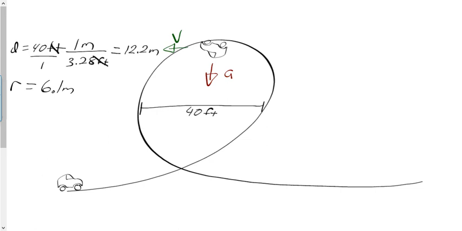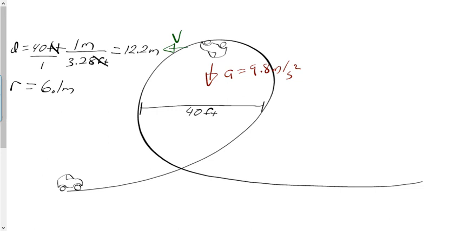Or I suppose at minimum, gravity will be the only thing acting on it. So at minimum, this acceleration is going to be 9.8 meters per second squared, because at that point in time, gravity would be acting on it.